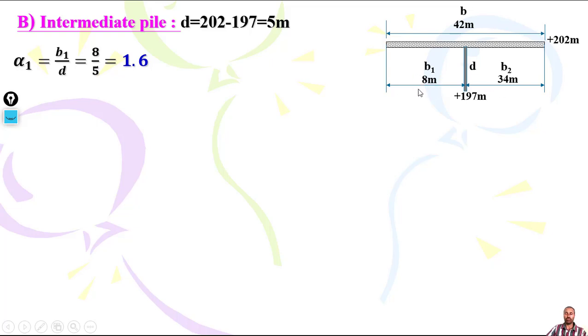And if you subtract from 42 meters, you have 34 meters. So b1, b2, d, then total b. You have 42, and the floor you have here 202 meters for the intermediate pile. So you are going to calculate alpha 1, then alpha 2, b2 over d, which is 34 over 5, equal to 6.8.